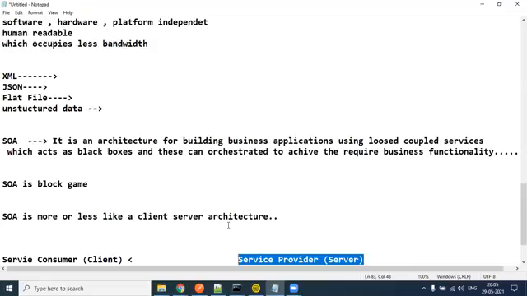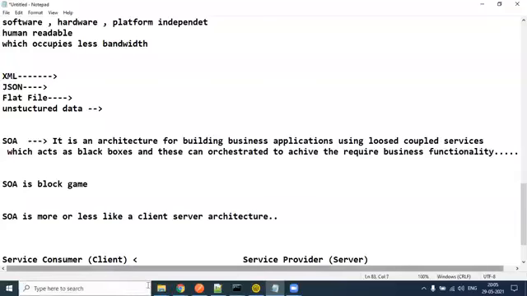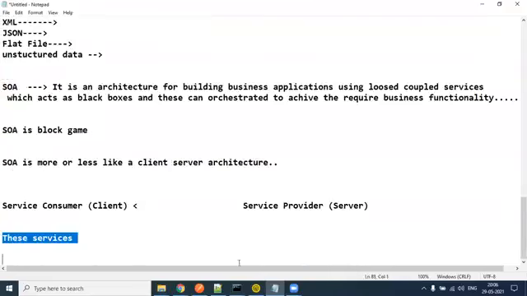So whenever you're working with service oriented architecture, there are two personas: service consumer and service provider. Sometimes you might act as a service provider, at other times as a service consumer, depending on the situation and the business need.